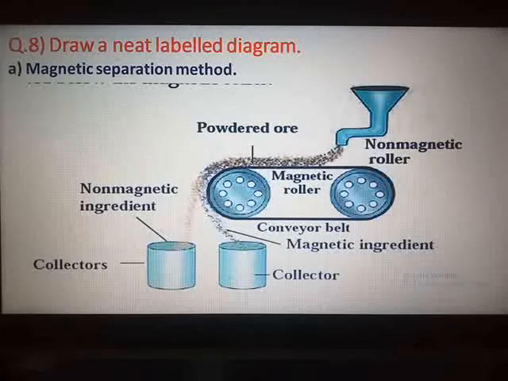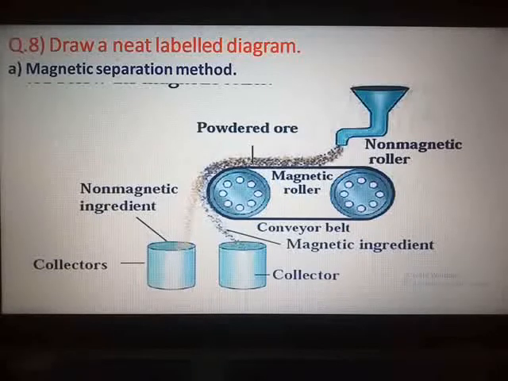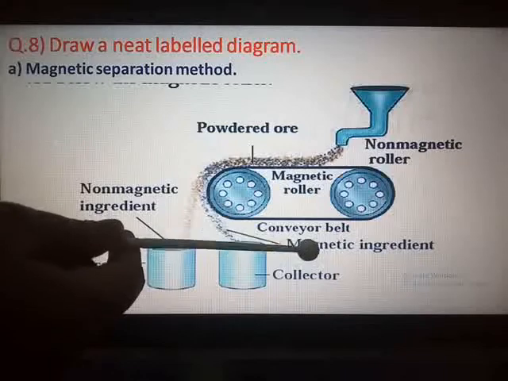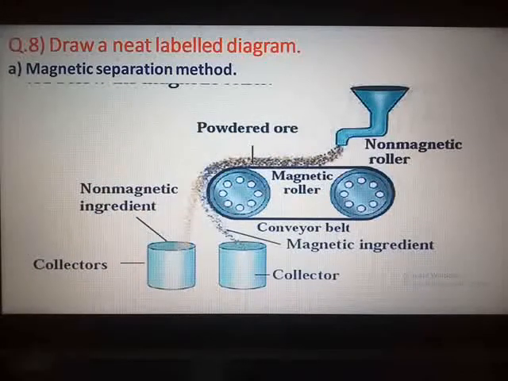This diagram you will get on page number 101. I will give you the figure number. Figure 8.10 is the magnetic separation method. Now while you are marking, see that non-magnetic ingredient, magnetic ingredient, magnetic and non-magnetic rollers, powdered ore, these main parts you are labeling.